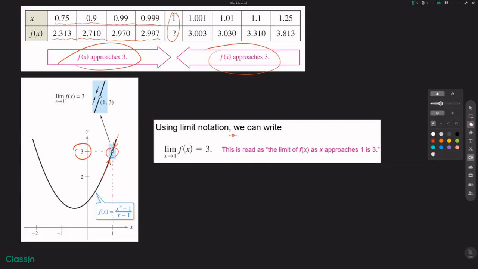By limit notation, I mean we're trying to specify when x approaches a specific number, the function f of x will be approaching a number that tells us, quote unquote, the limit of the function. In this notation, lim, as you know, is the abbreviation of the word limit, right?